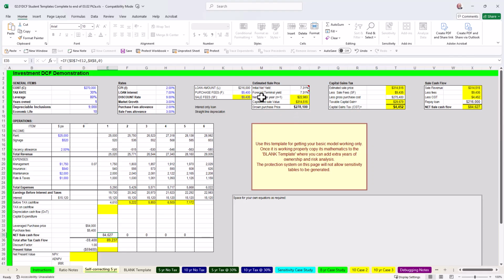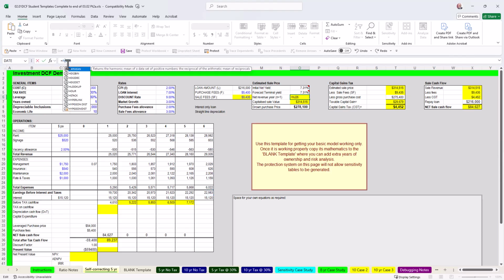We'll come up here to the net revenue for year n plus 1. Currently we just bring in the value, I'll highlight it, in year 6, but I actually want that to be dependent on this number, years owned. How do we do that? It's where we use a lookup table.